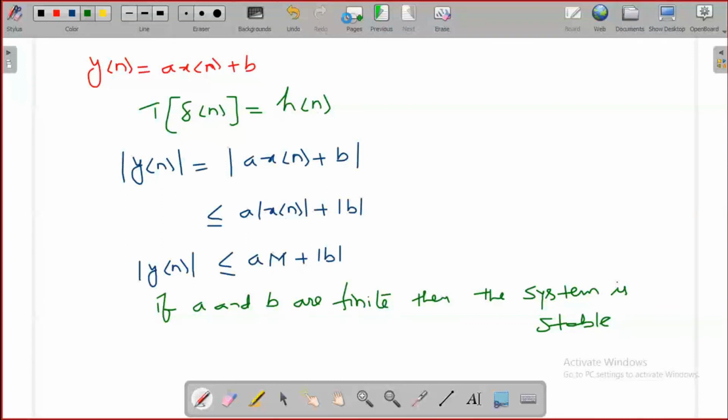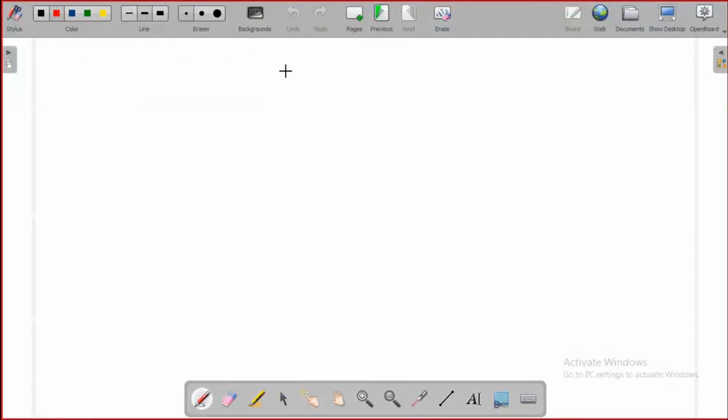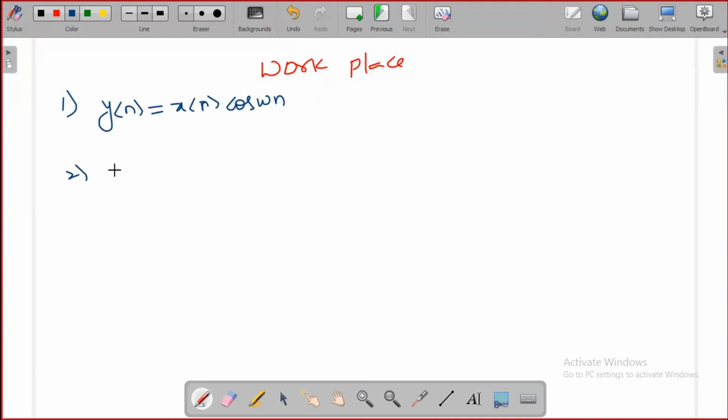Is it clear, everyone? Take a few problems. x of n cos omega n. Check whether the given system is stable or not.